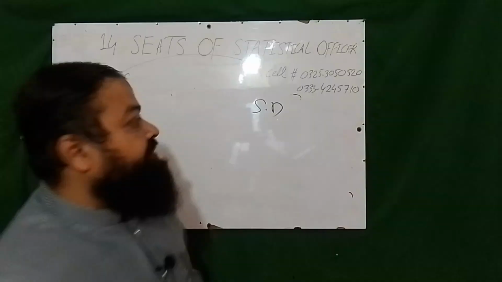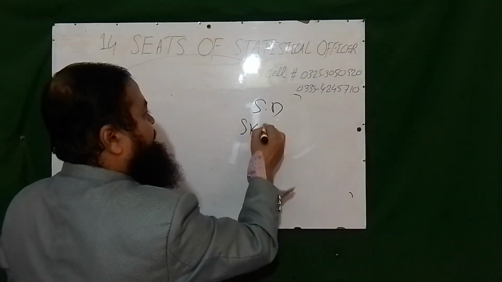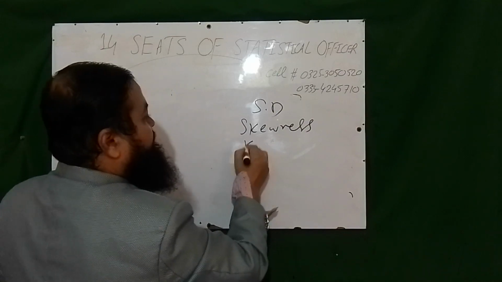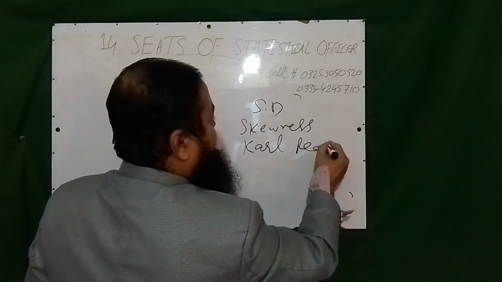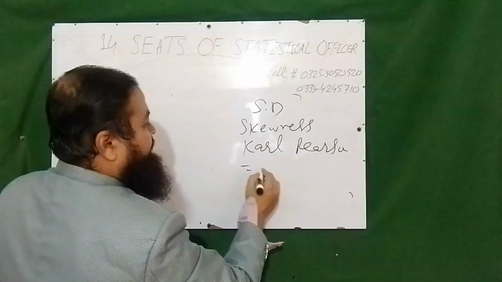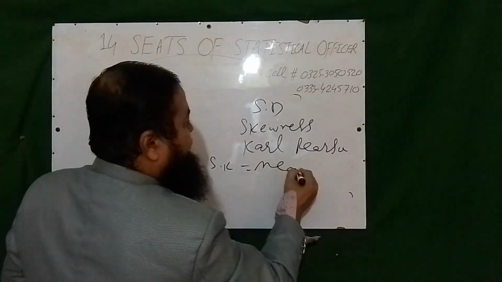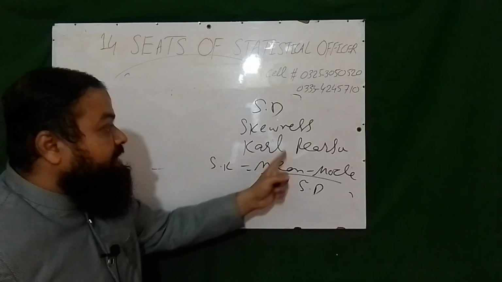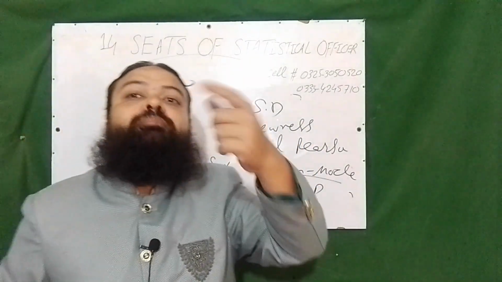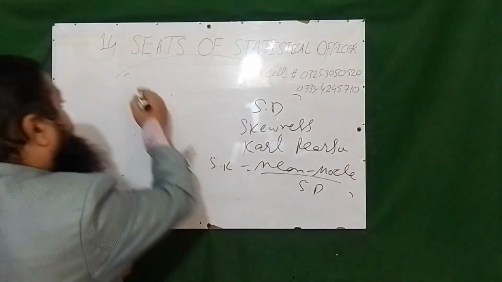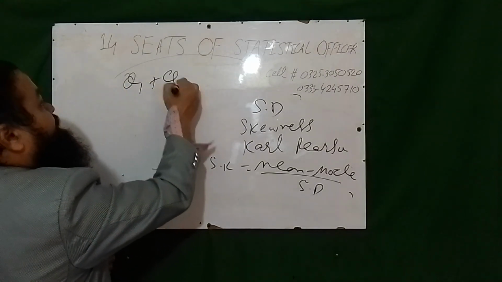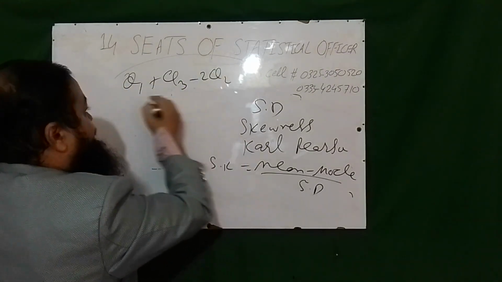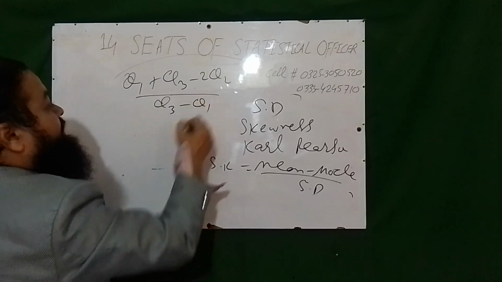Then we have the concept of skewness. There are two formulas. The first one is called Pearson's: skewness is equal to mean minus mode over standard deviation. That was given by Karl Pearson, and there was another man whose name was Bowley, and he gave the formula which depends upon q1 plus q3 minus 2q2, which is also the median, over q3 minus q1.